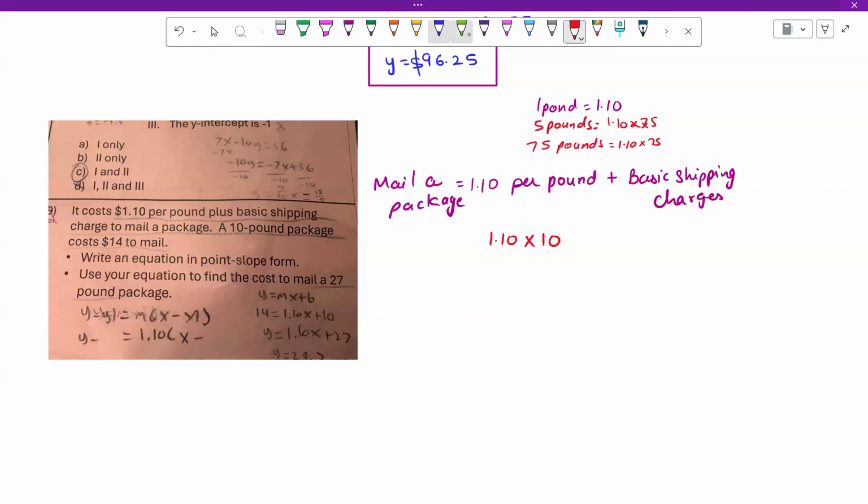Now let's read it once more. It costs this much per pound plus basic shipping charges to mail a package. So this is the cost to mail a package, right? If we want to mail a package, they're clearly saying here, it costs this much per pound plus the basic shipping charges, right?